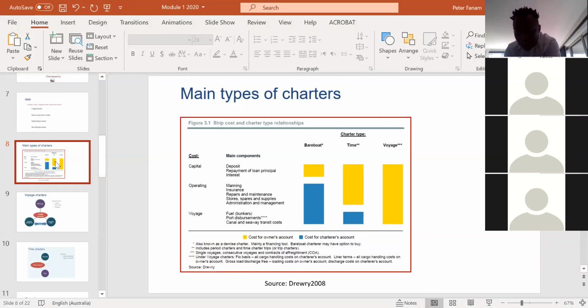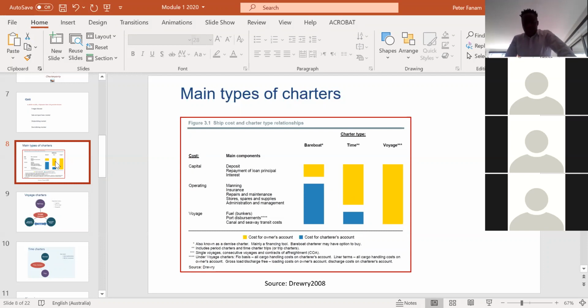So these are some of the terms that they may incorporate into the voyage charter party contract to differentiate who is going to pay for the handling charges. But besides handling charges, every other cost is on the account of the ship owner.